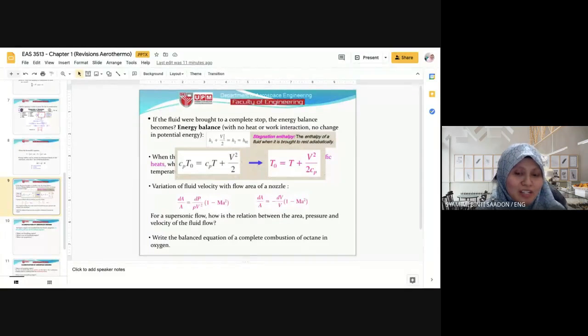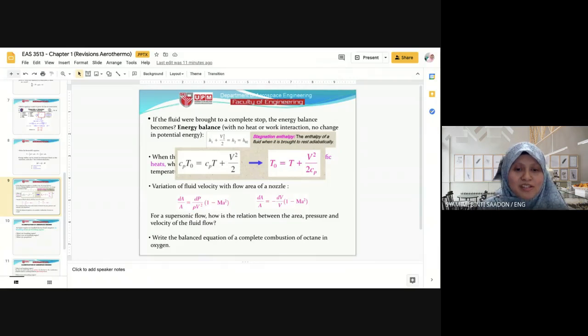So what is the balance equation of a complete combustion of octane in oxygen? Remember we have fuel plus oxygen or air, then a combustion process, and it turns into some gas, nitrogen, carbon dioxide.